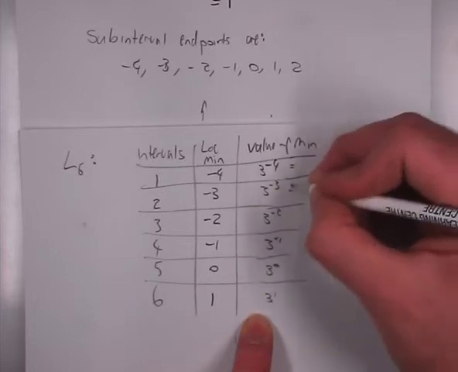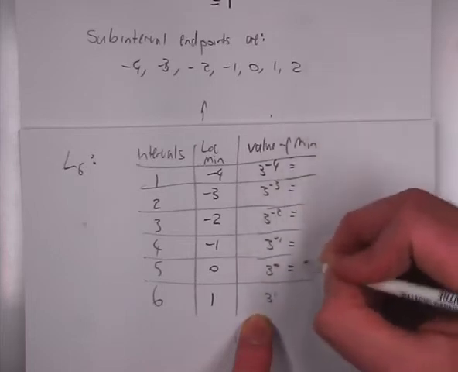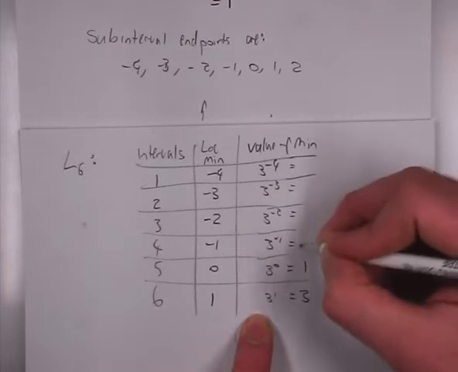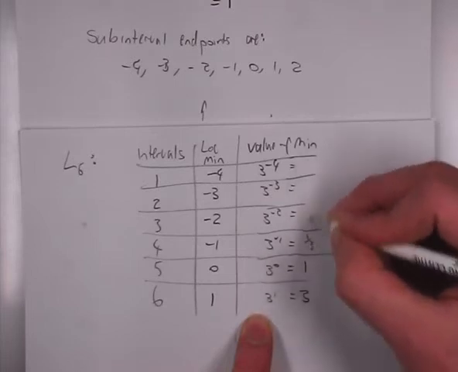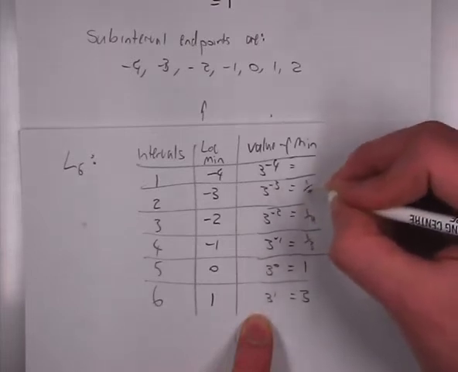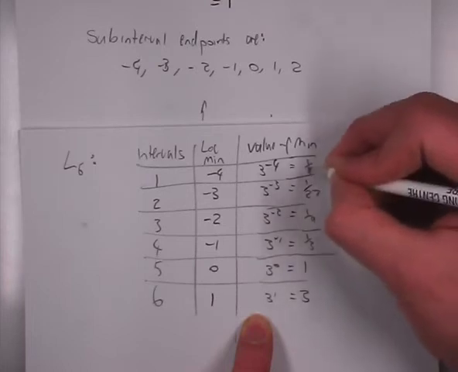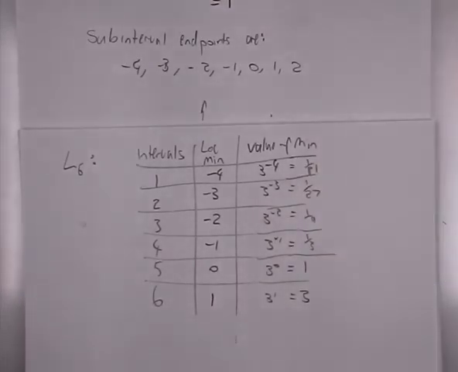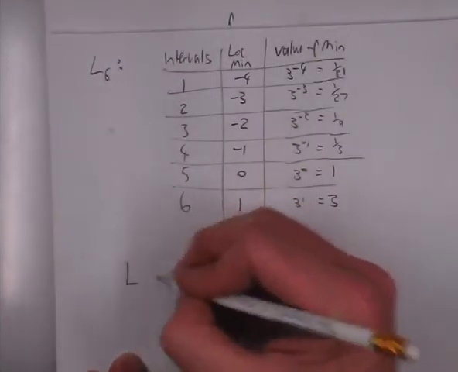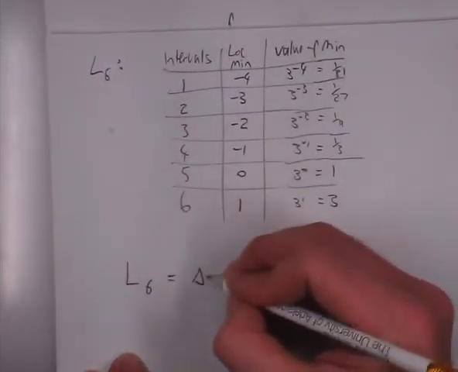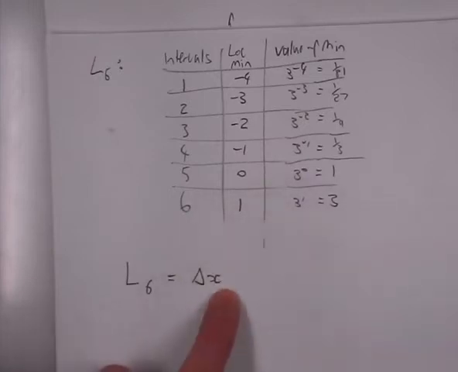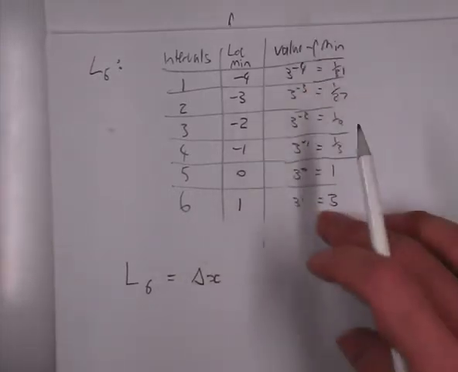And these are all whatever they are. Okay, so the value of the lower sum is the delta x times the sum of these things.